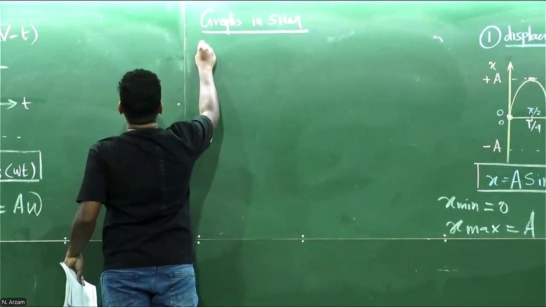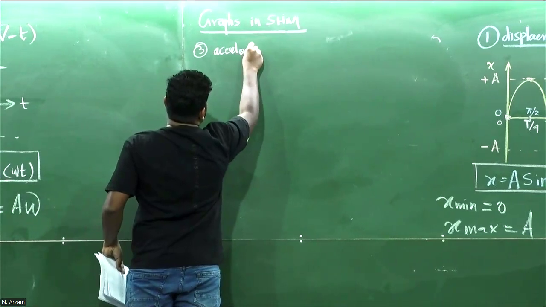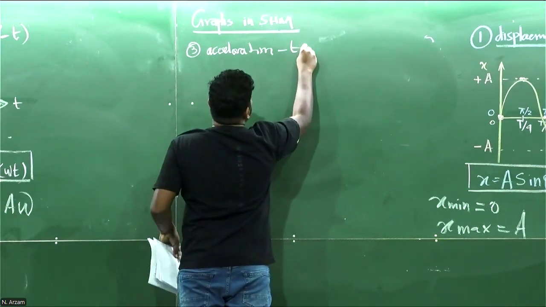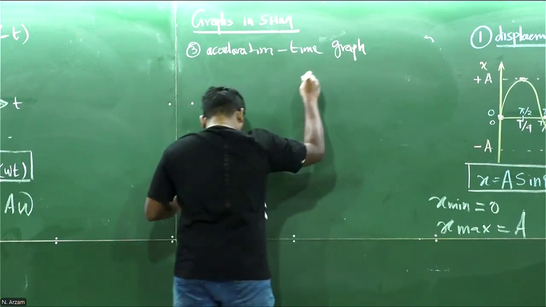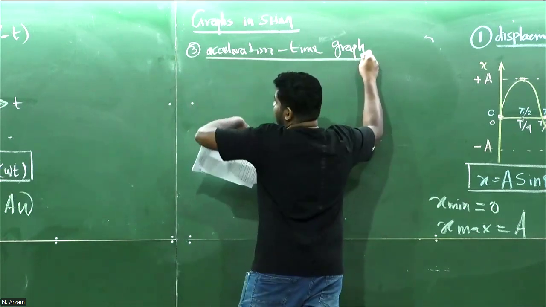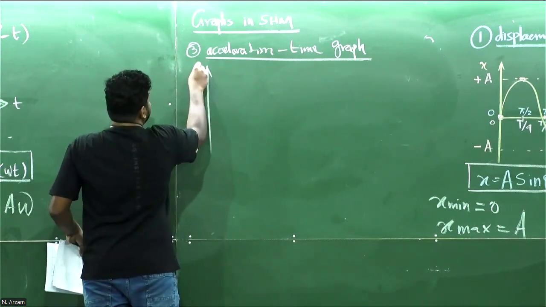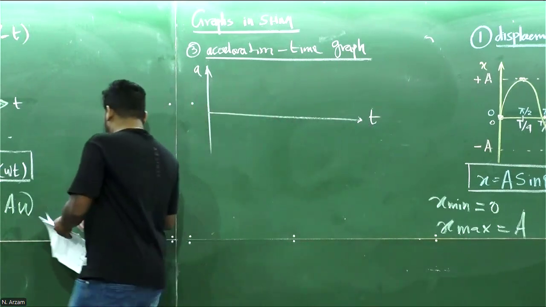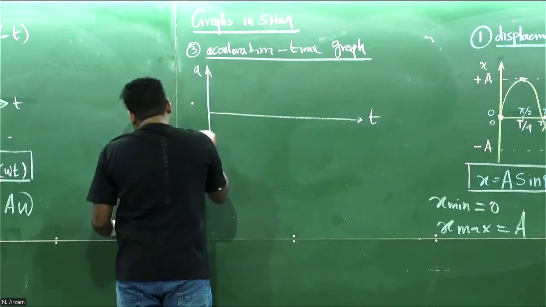Look at the third one. Acceleration time graph. Okay, right. So look at this, guys. In the acceleration time graph, let's put the x-axis values.